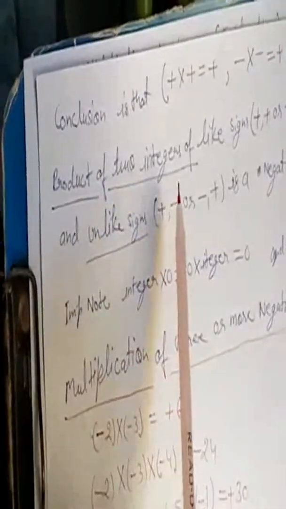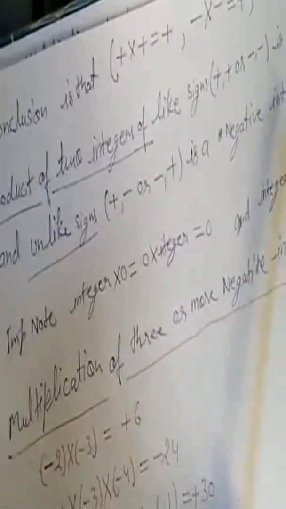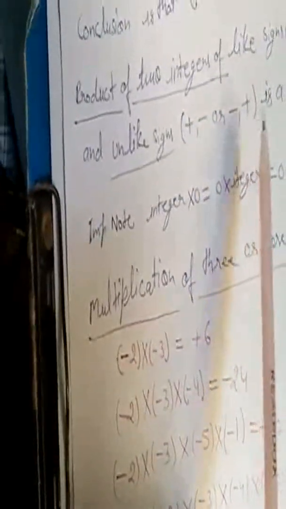Hence, the product of two integers of like sign, meaning plus plus or minus minus, is a positive integer. If you multiply plus plus, the symbols become a plus; minus minus also becomes a plus. And the product of two integers of unlike sign, like plus minus or minus plus, is a negative integer.